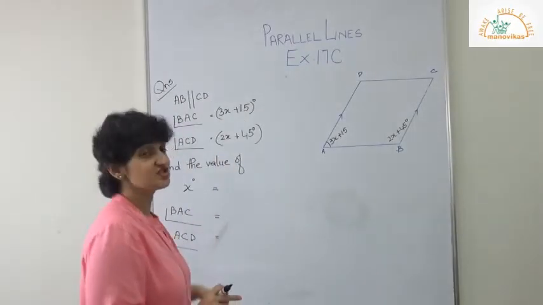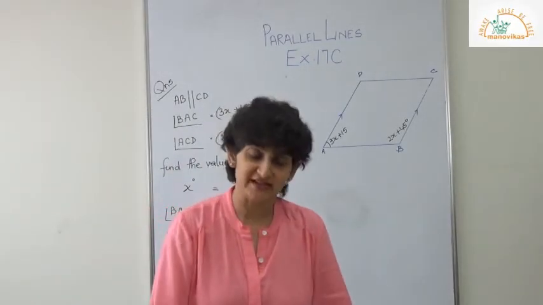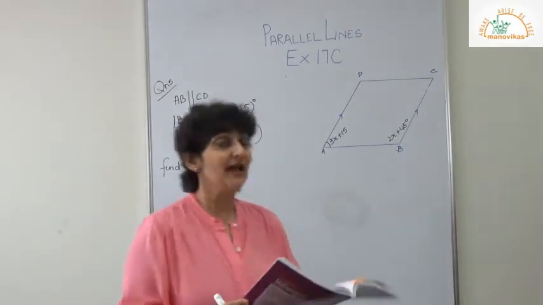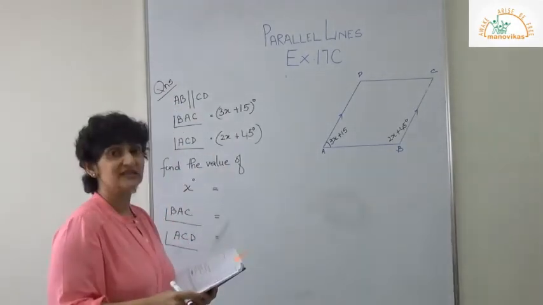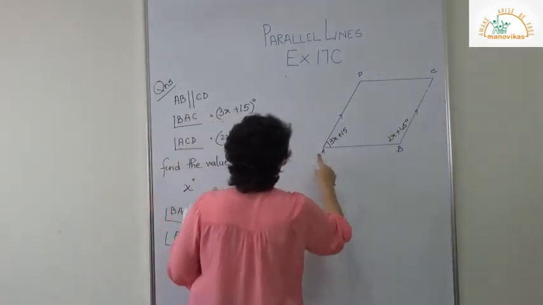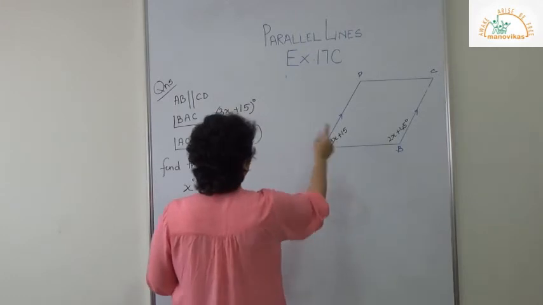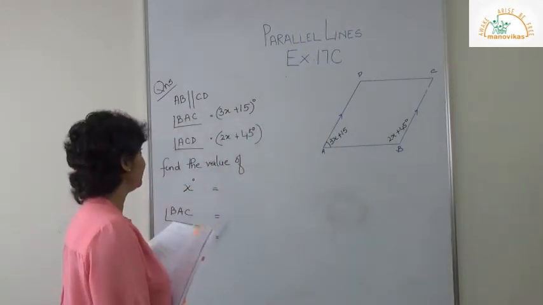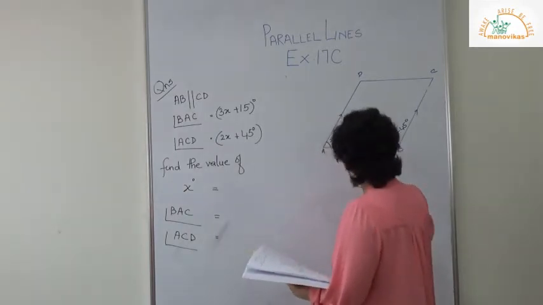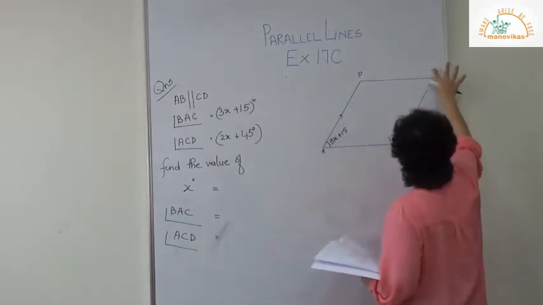Children, next question 5. Keep your textbooks with you. Let's read the question. In the given figure, AB is parallel to CD and they say angle BAC, that is angle A, is equal to 3x plus 15 degrees and angle ACD. Sorry children, I've written this wrong.